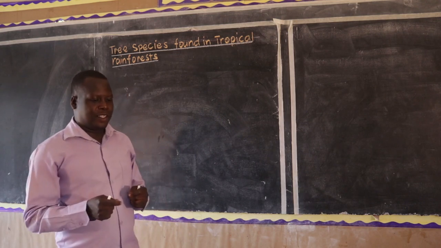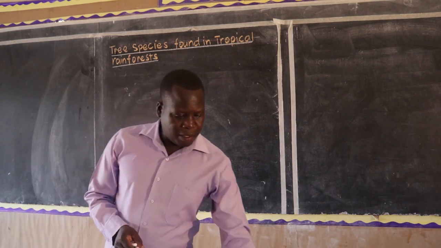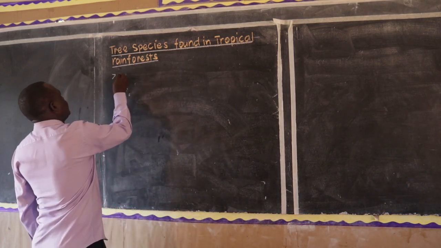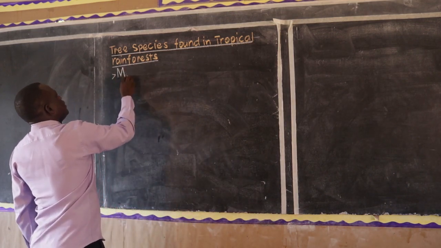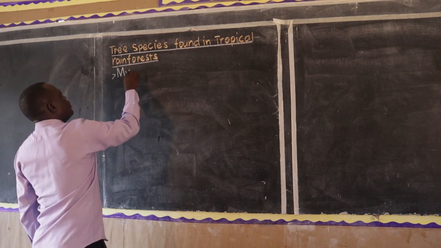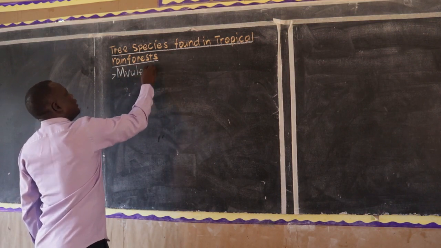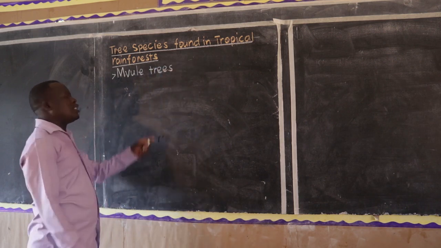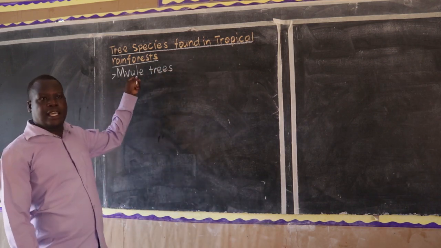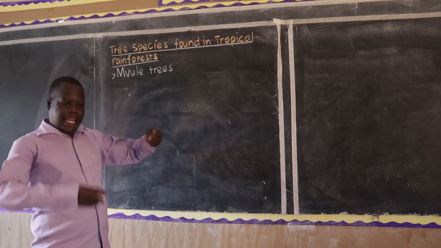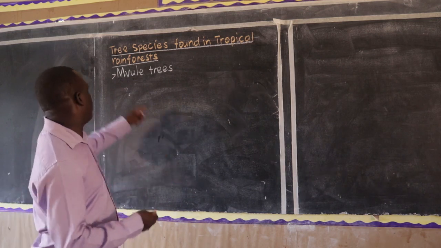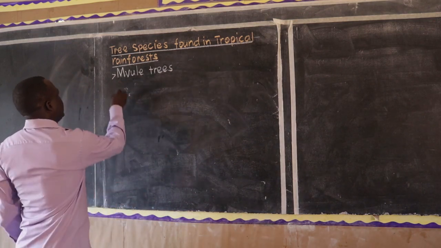I know you are following maybe from a textbook, but the major tree species we have are, one, Muvule trees. Now, it is very common for us to make a mistake, as it sounds Muvule, but it is Muvule as we have written it here.